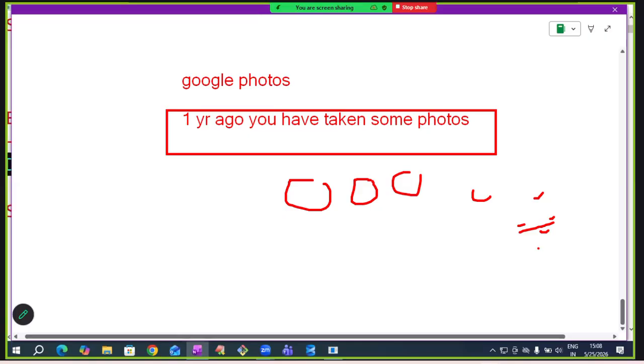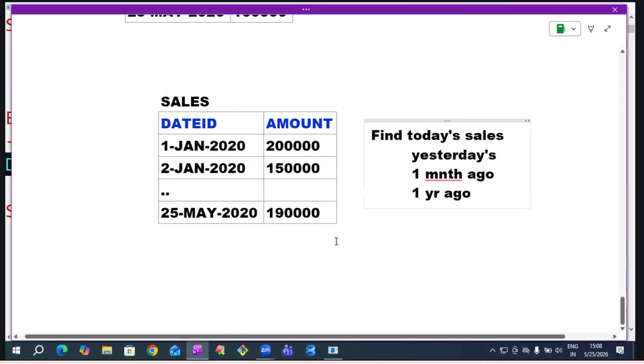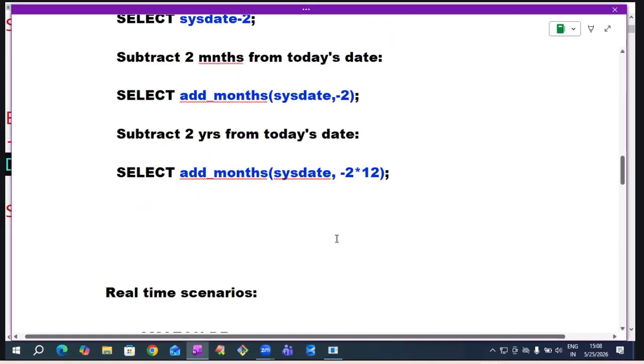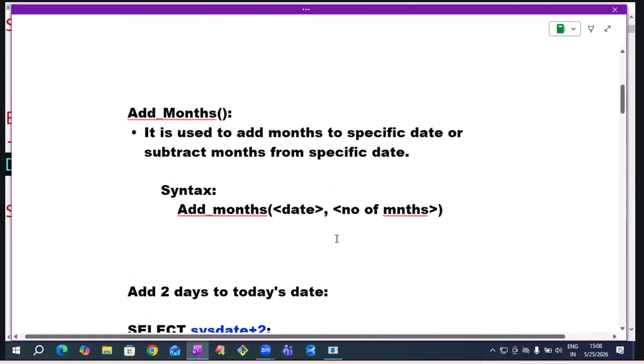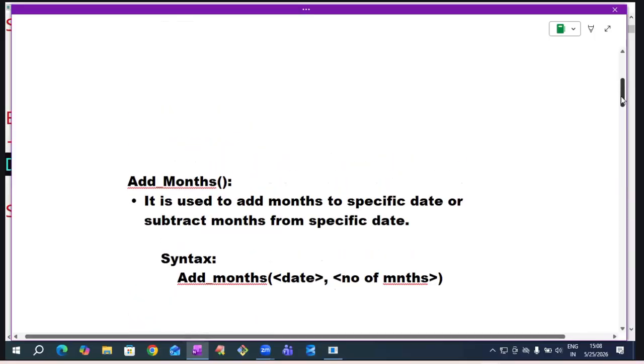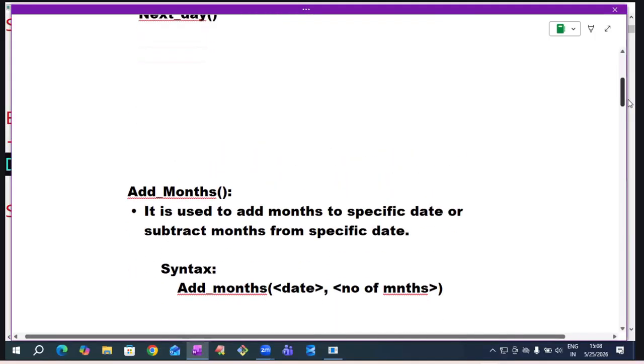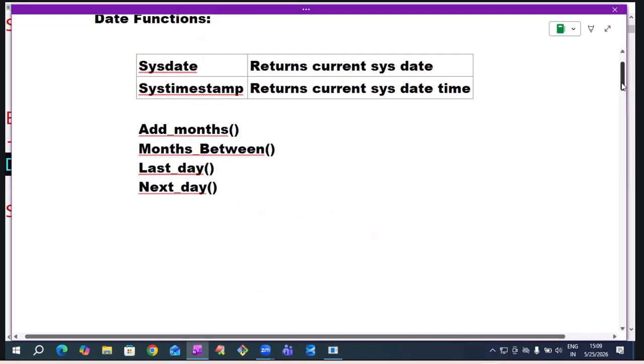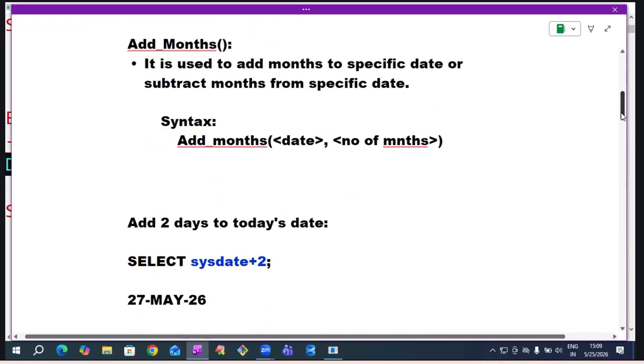That is past data. To work with past data, these functions are used. To work with future dates and past dates, these are useful. Finally, if you know these 6 cases, adding days, months, years, and subtracting days, months, years, you can comfortably work with future dates and past dates.